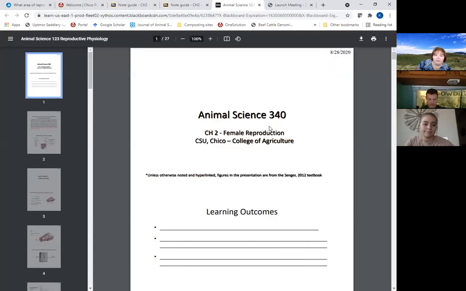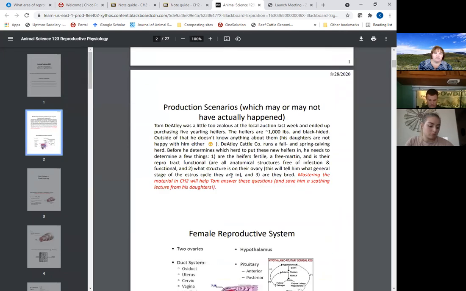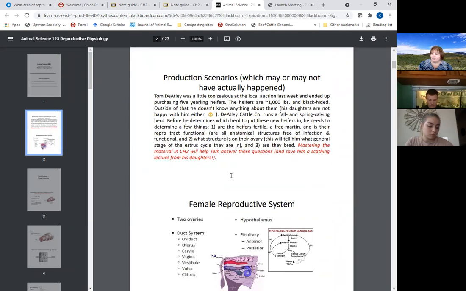So I really don't like just presenting the science without tying it back to management of the animal, because that's really how a lot of our decisions are made, especially in regards to economics. And so you're going to see one of these production scenarios for each chapter that puts a focus on the importance of a piece of that chapter or subject.